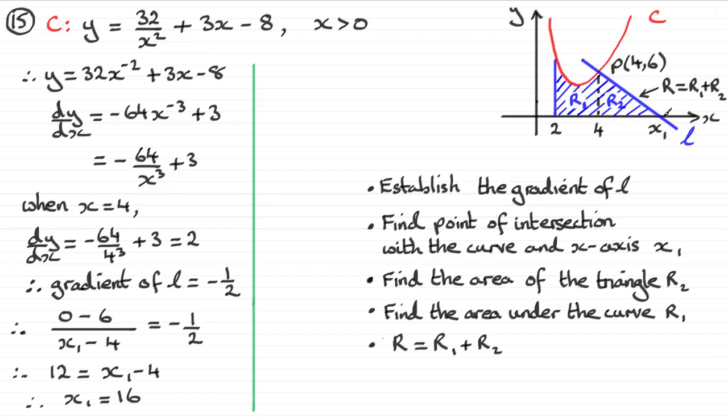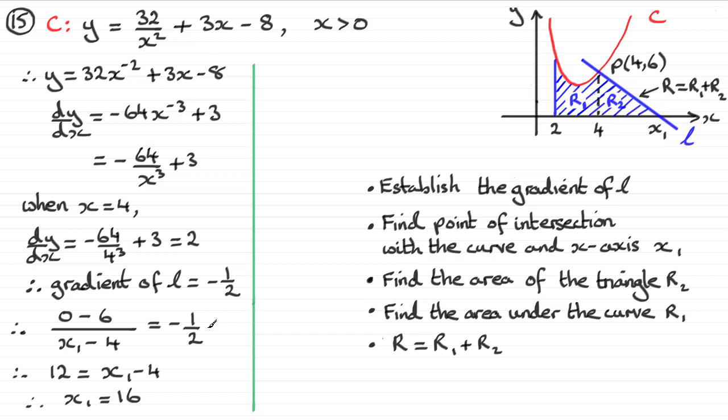So at this point here, the y coordinate is 0. Okay, so I've done 0 minus 6, the y coordinate here. And then I've divided that by the difference in the x coordinates, x1 minus the 4 here. Okay, x1 minus 4, and equated it to that gradient, that perpendicular gradient minus a half.